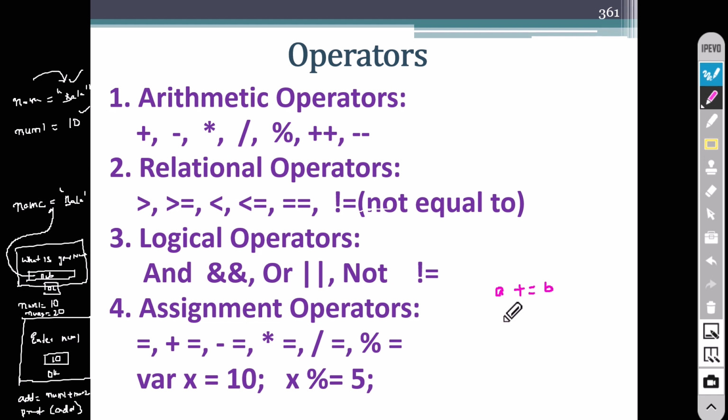And then we have a plus equals b, which is same as a is equal to a plus b. So this stands the same in case of other operators like minus equals, asterisk equals, division equals, mod equals, and so on.